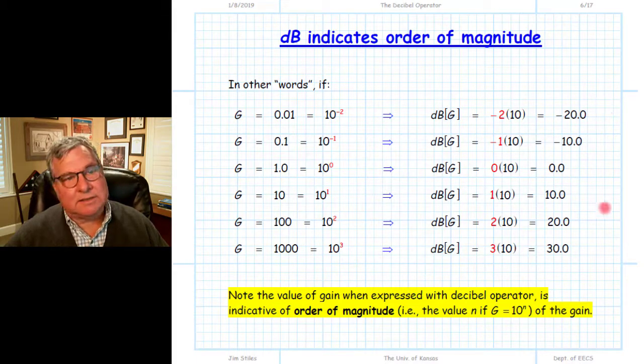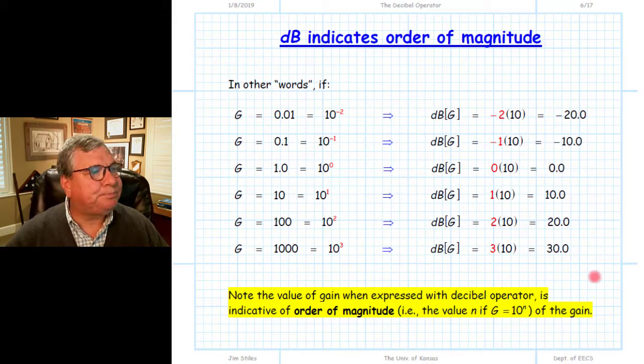Look then at this list of values for gain that are distributed over several orders of magnitude. In the first case, the gain is 0.01, and then we multiply it by a factor of 10, increasing it 10 times, and we get 0.1. Notice that's 10 to the minus 2 to 10 to the minus 1.